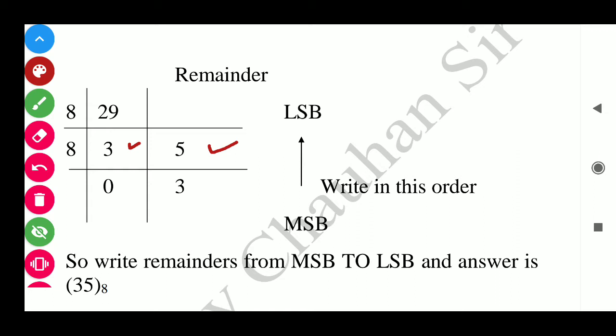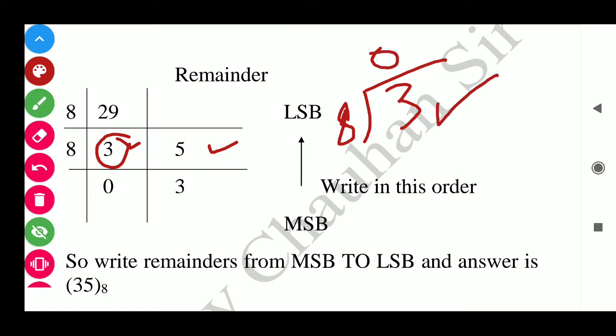Now this 3 should be divided by 8 again till you get 0. If you divide 3 by 8, it is not possible to divide, so 0 times, and the remainder is only 3.